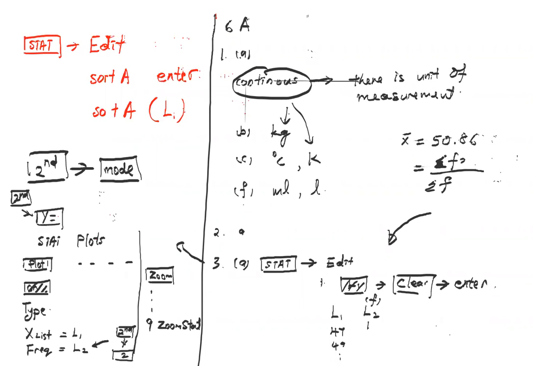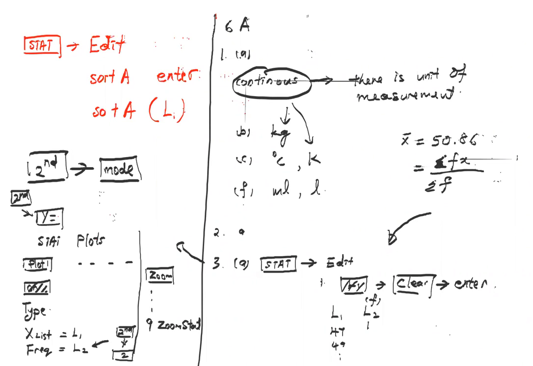So these are all the revision from your high school. I just teach you how to use your graphic calculator to help you to calculate quickly. Are you okay? Miss, in my calculator, I actually got 50.9. What is my 50.9?